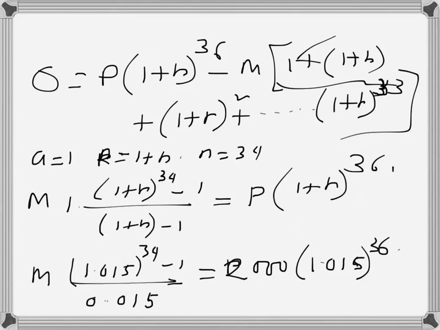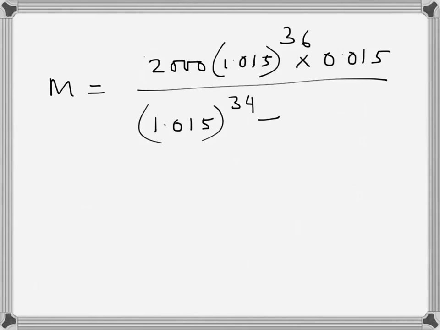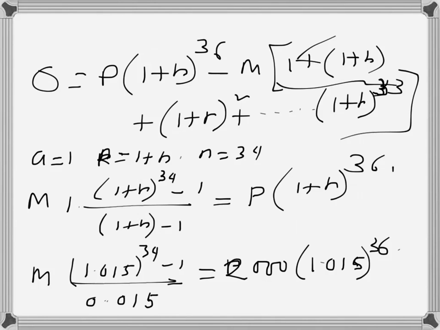So now I need to solve this for M. So I will rewrite this one. M is equal to 2000 times 1.015 to the power 36 times 0.015, and on the denominator is 1.015 to the power 34 minus 1. Basically just rewriting from here.